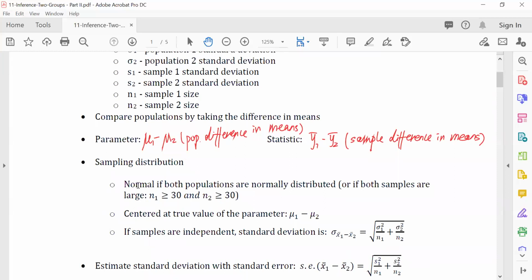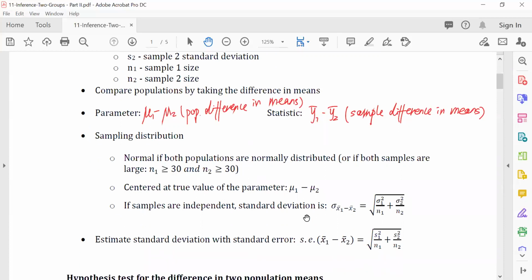If that condition is met, then the sampling distribution will be approximately normal with the center at the true value of the parameter mu1 minus mu2. And if the samples are independent, the standard deviation has a formula like this.